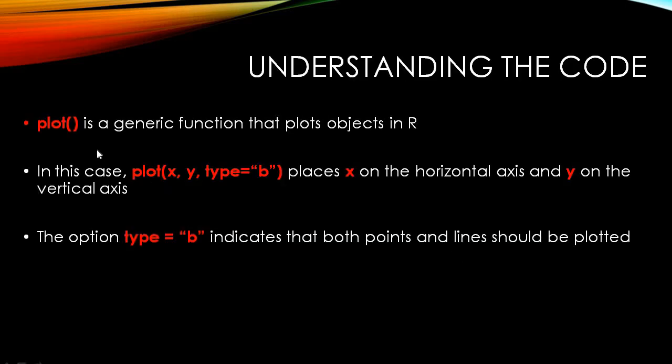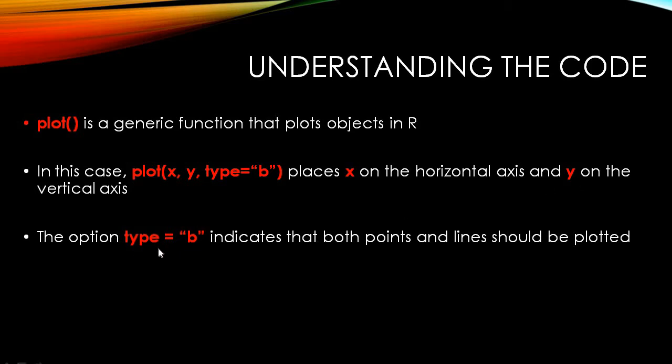Now, plot. This is the generic function, and in this case, plot x, y, and type b. This is how we write the function. These are the parameters and how we place them within the code. Now, x means the value is placed on the horizontal axis and y is placed on the vertical axis.